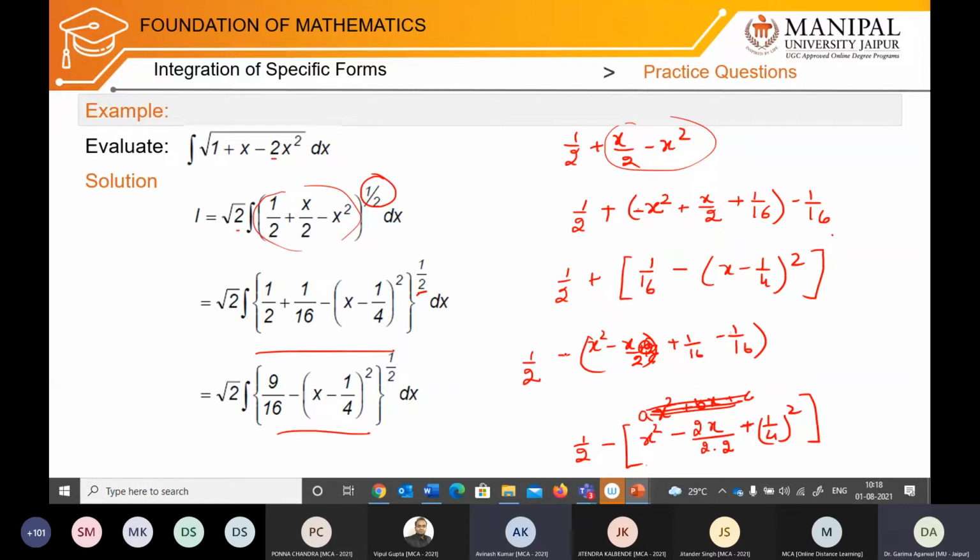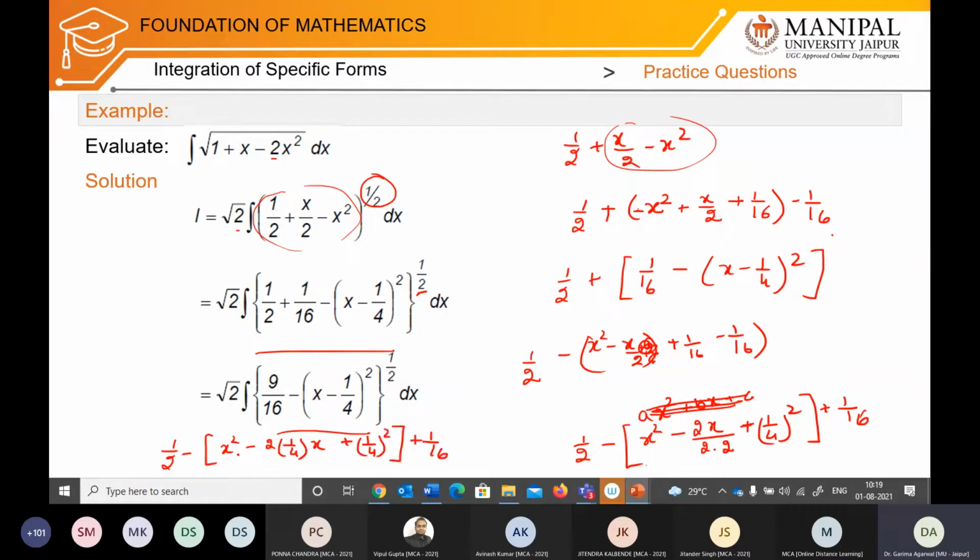And this minus 1 by 16, and this minus will come out, that is plus 1 by 16. Is that okay? Then how can we write it further? That is 1 by 2 minus x square minus 2 times 1 by 4 x plus 1 by 4 whole square, plus 1 by 16.